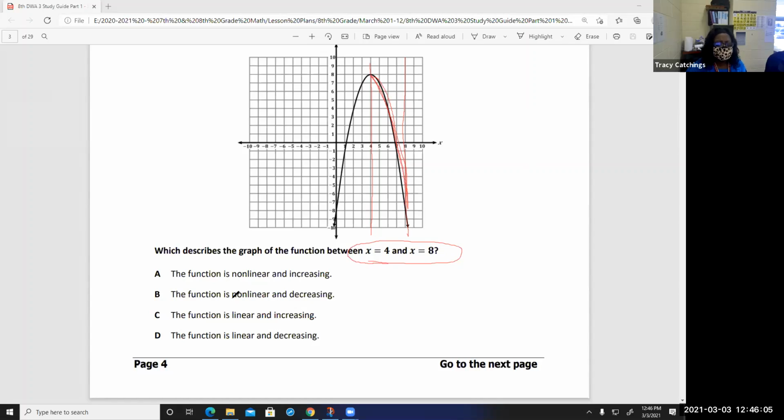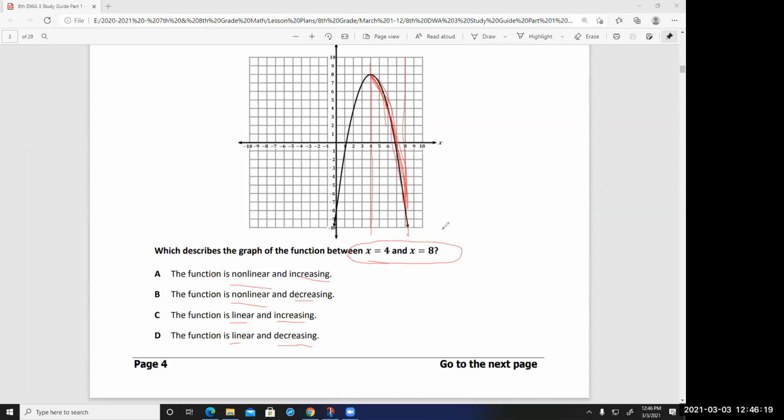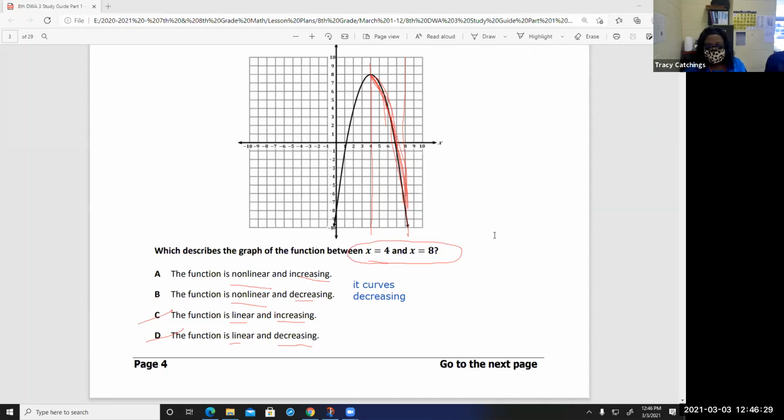So then when I look at my answer choices, I notice they're talking about nonlinear, linear, or increasing or decreasing. Now, would you say that this part of this graph is linear or nonlinear? Why you say nonlinear? Because it's decreasing. All right, it curves, and then Steven said it's decreasing.